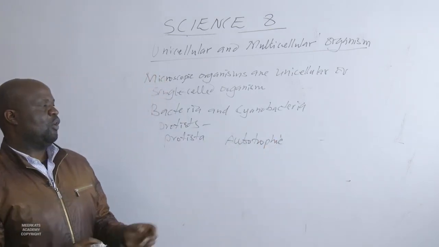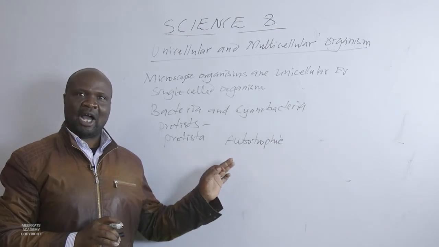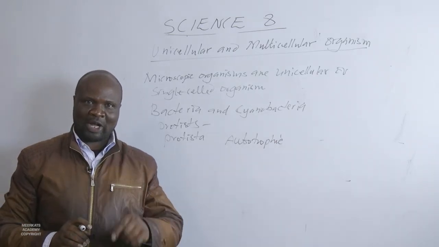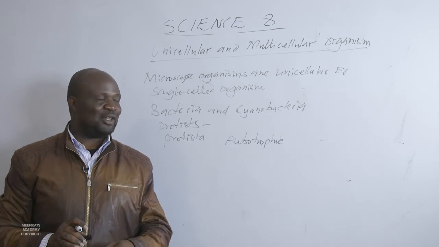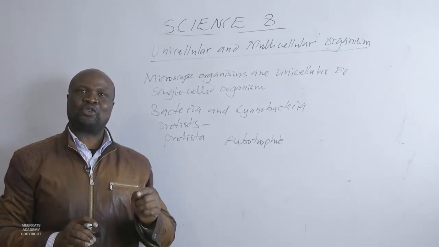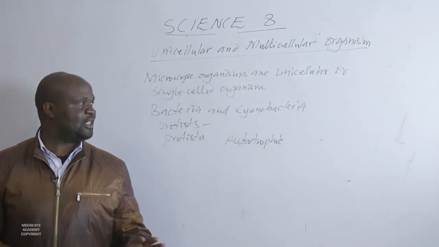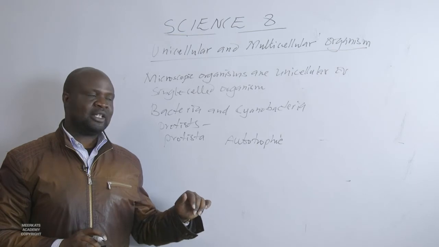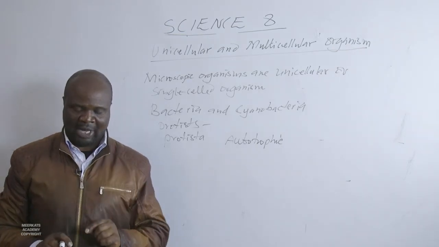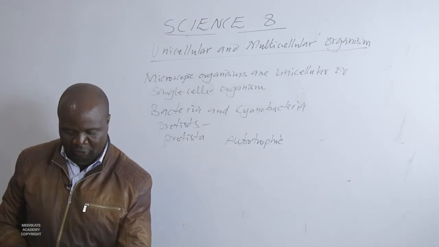Organisms that make their own food are described as autotrophic, and organisms that rely on external food are heterotrophic. Others are animal-like. There are some animal-like unicellular organisms, and these are heterotrophic.